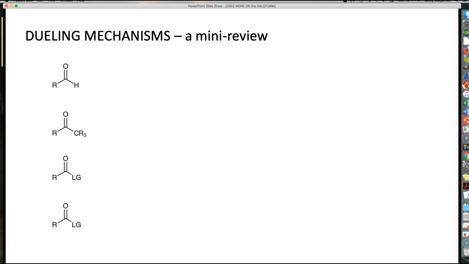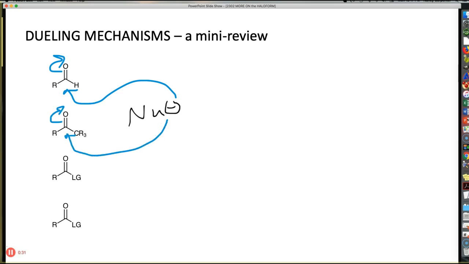So when we think about what we've been learning about the carbonyl functional group, what we know is that all of these are great electrophiles. So, since each of those carbons is an electrophile, it stands to reason that each of them would be happy to react with a nucleophile.